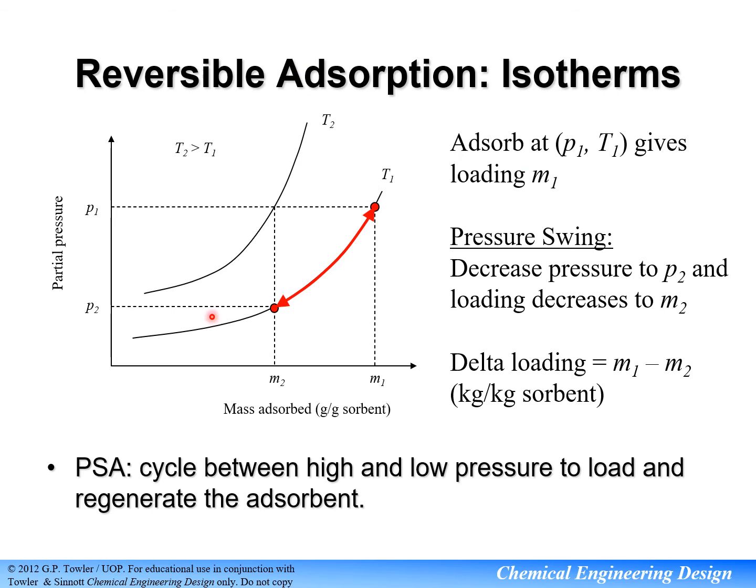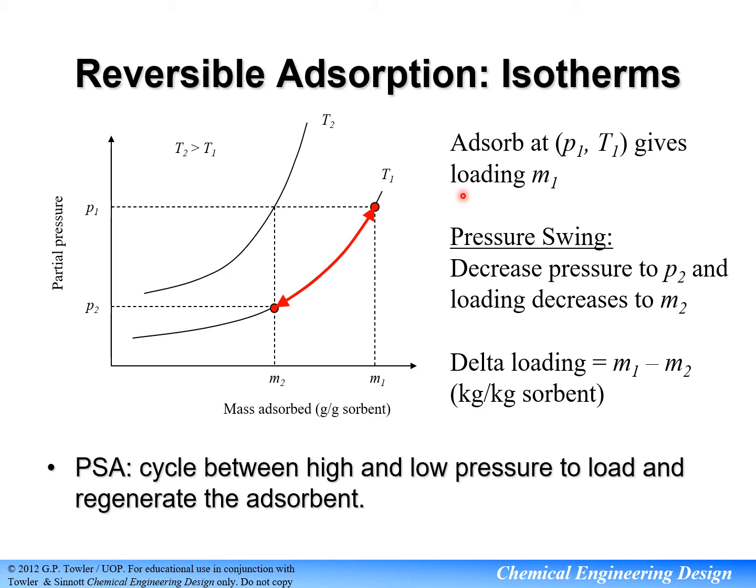By referring to this graph, we can see that adsorption occurred at P1 and T1, which gave a loading of M1. For P2 and T2, it will give a loading of M2.